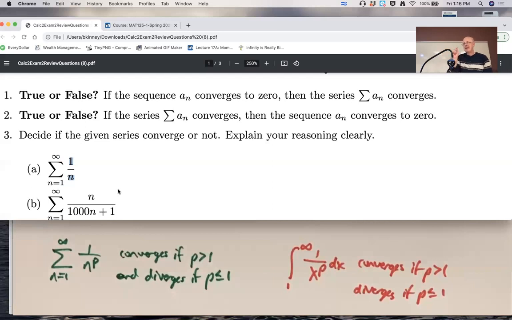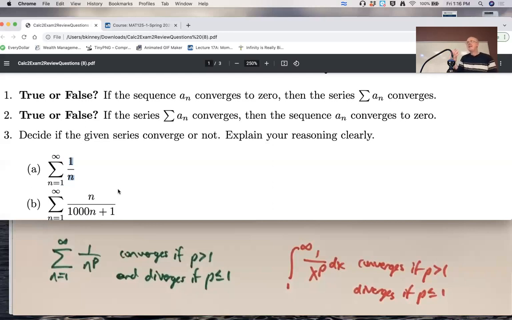Any series, any infinite sum actually has 2 sequences associated with it. The sequence of terms that are being added, the ANs, and also the sequence of partial sums. S1 was A1, S2 was A1 plus A2, S3 was A1 plus A2 plus A3, etc. Those A's and S's are related.